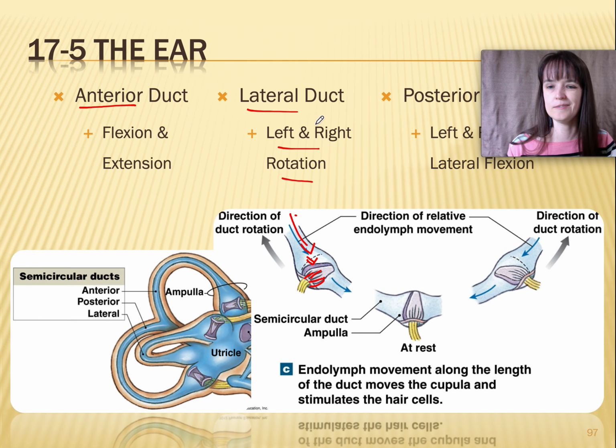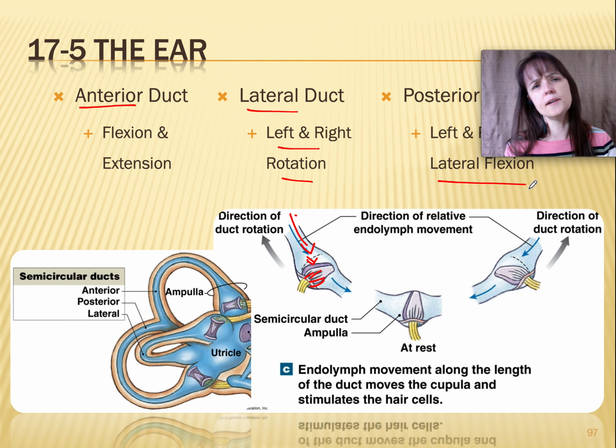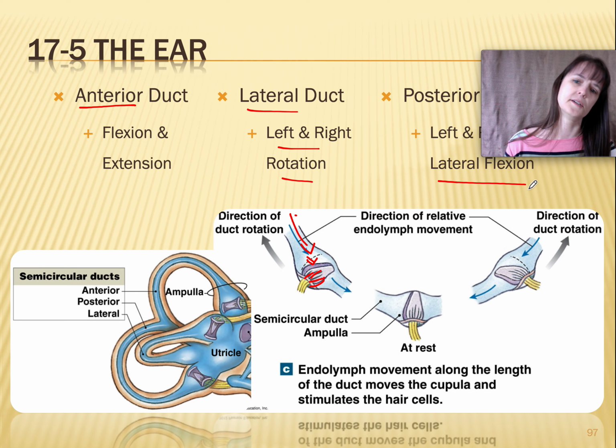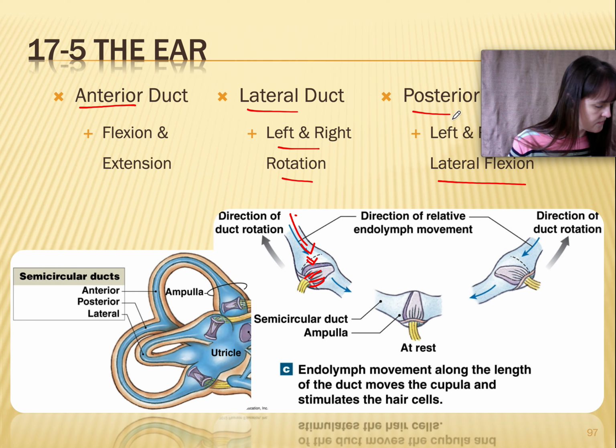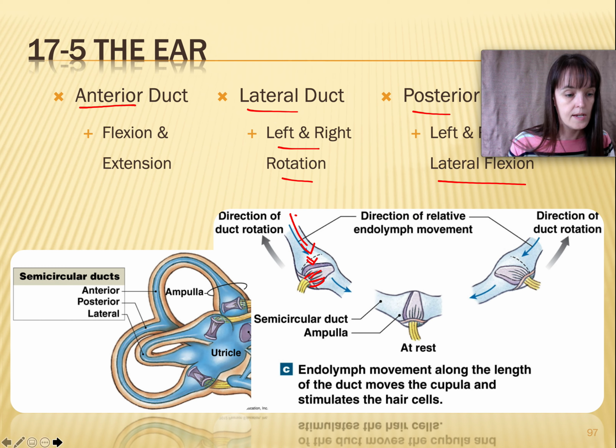And then left and right lateral flexion, which the book calls moving your ear towards your shoulder. So much simpler to just call it what it is, which is lateral flexion. And that's read by the posterior semicircular canals.